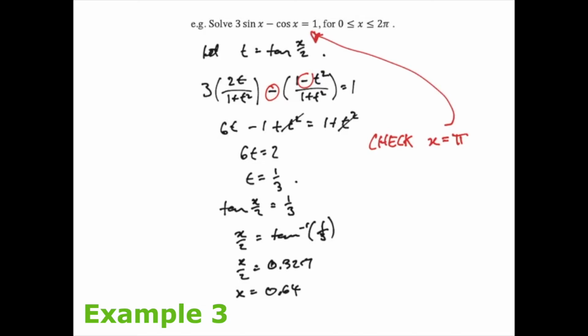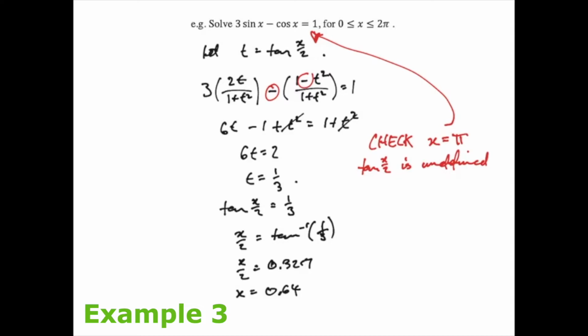Okay, now in the first two examples we got away with it. I actually knew already that they weren't, but in this one here it's a pretty clear indication that maybe we should check this one because we have only ended up with one solution. And the reason why we need to check is because tan x over 2 is undefined at pi.